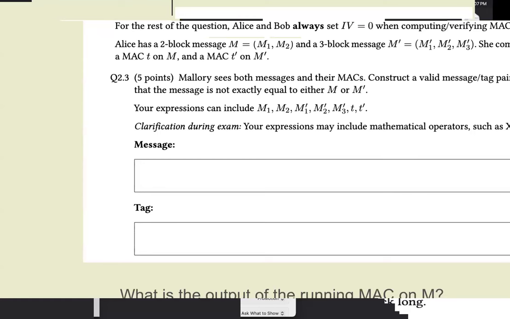First, what is the output of running the MAC on M? And second, can we cleverly transform that output to some part of M prime?